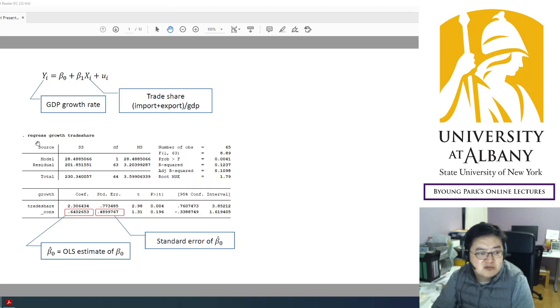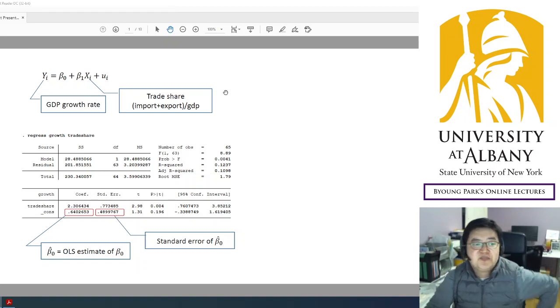There are three panels: one table, some numbers, and another table here. All of these are the results from this regression model. Many of those numbers were already discussed in the previous lectures about regression.